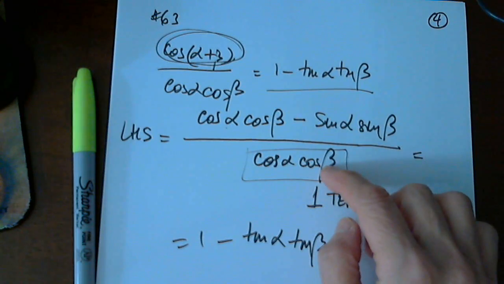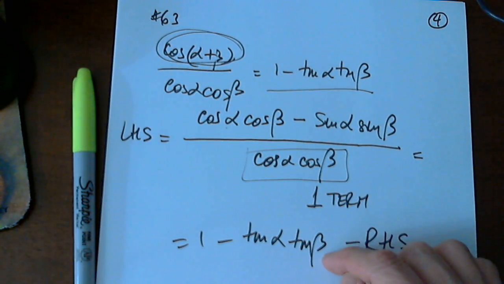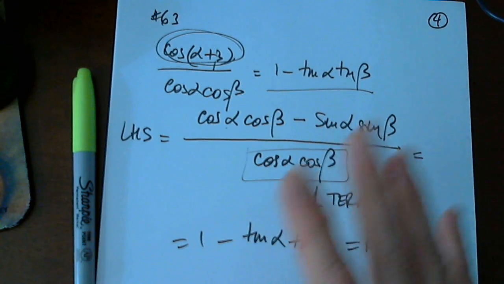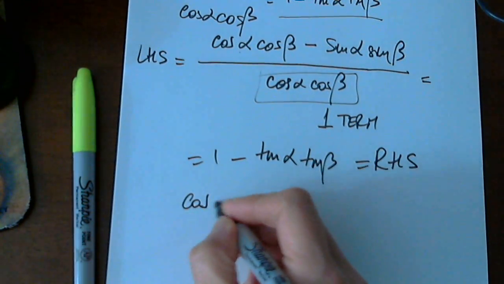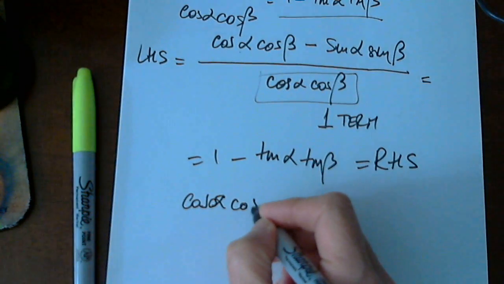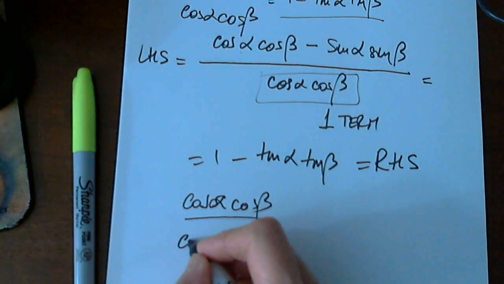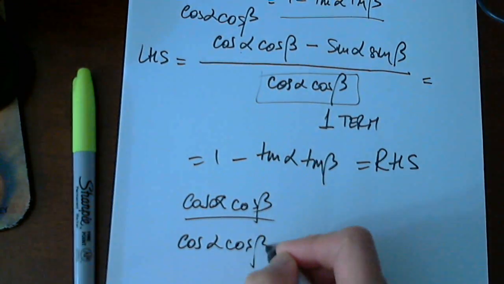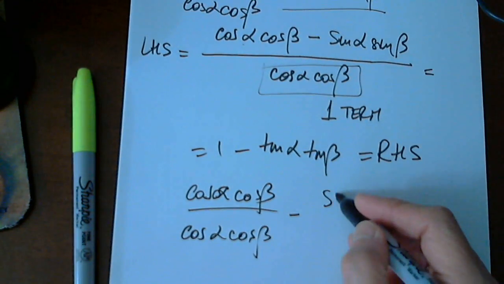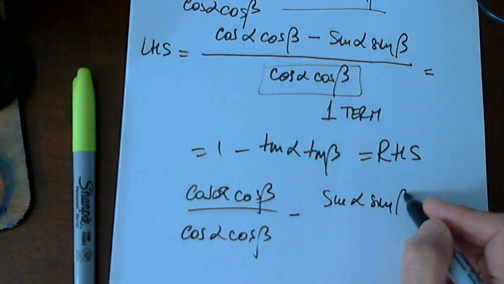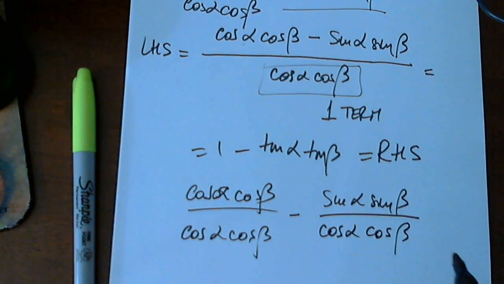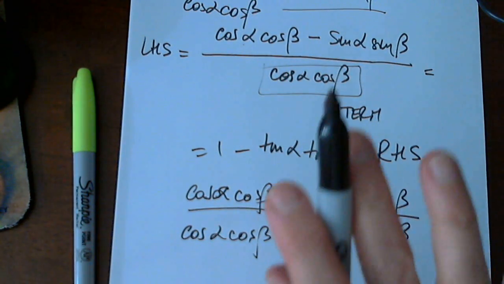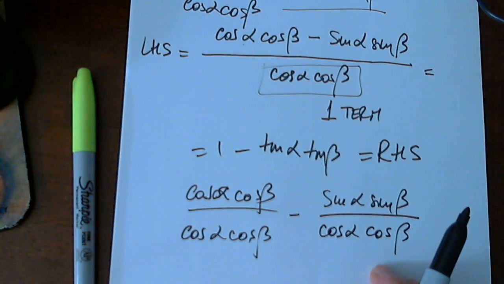Sine beta over cosine beta is this. Okay, thank you. But just to make sure, let me write an intermediate step. Cosine alpha cosine beta over this minus sine alpha sine beta over cosine alpha cosine beta.